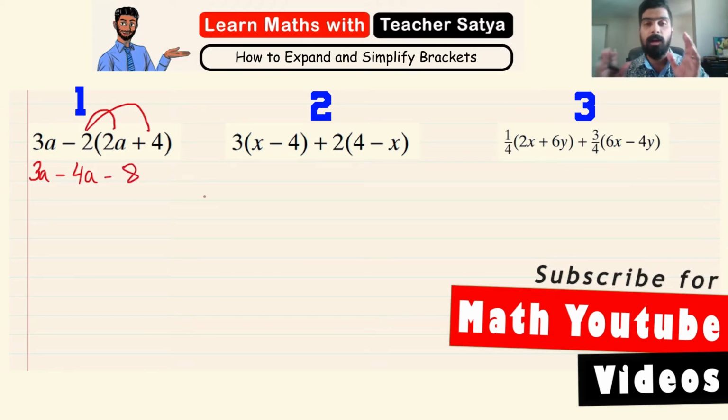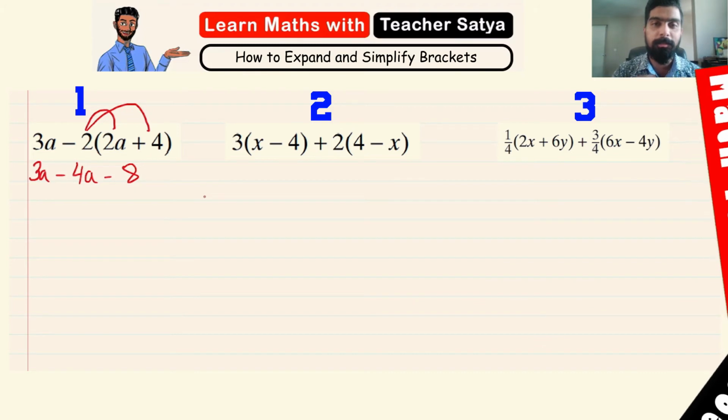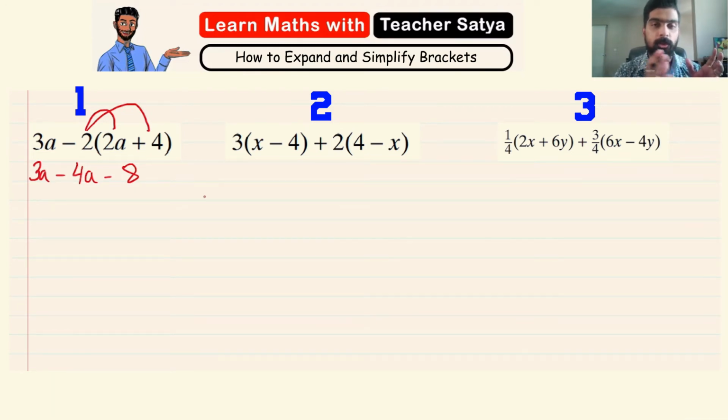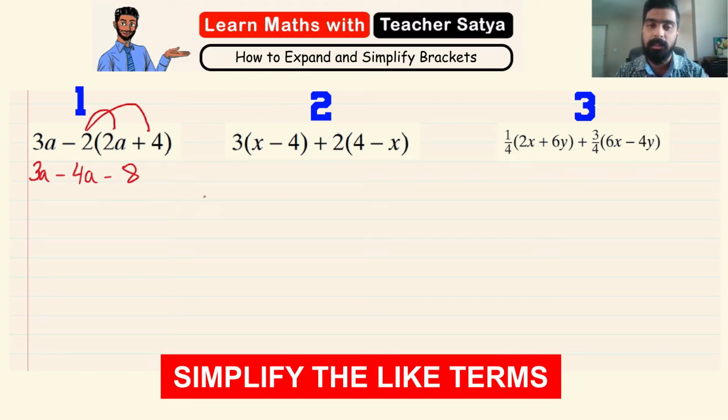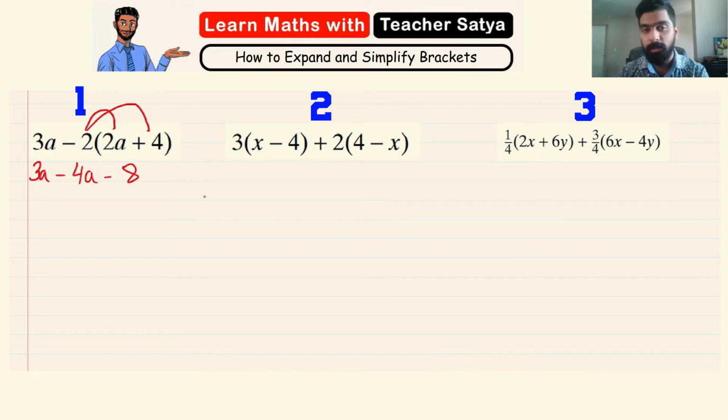Now whenever we see the word simplify, that means we are going to simplify the like terms, and we can only add or subtract terms when they are like terms. Like terms are terms that have the same variable. In this case, the variable is a, right guys?